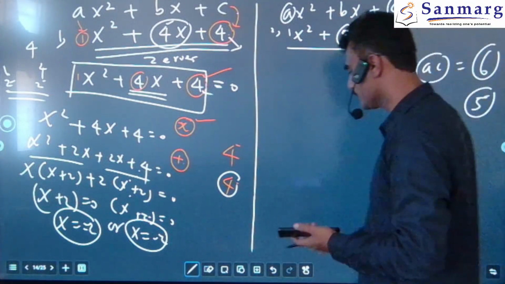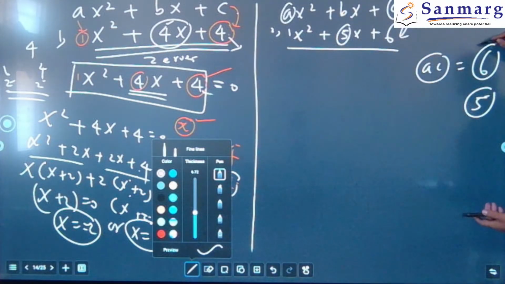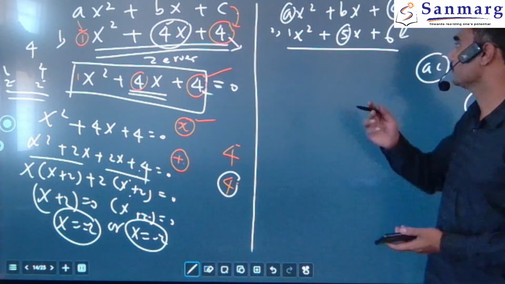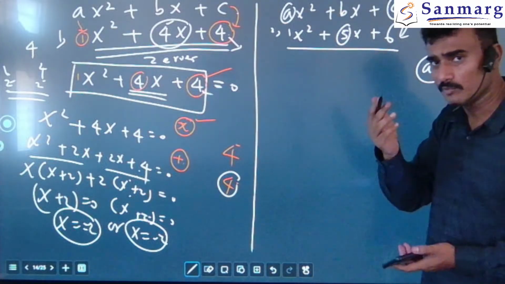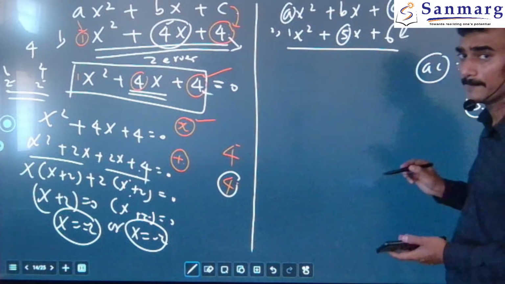So now the condition is, if we multiply two numbers, the answer should be 6. And if we add two numbers, the answer should be 5. Choose two numbers so that the product of the numbers is 6 and the sum of the numbers is 5.